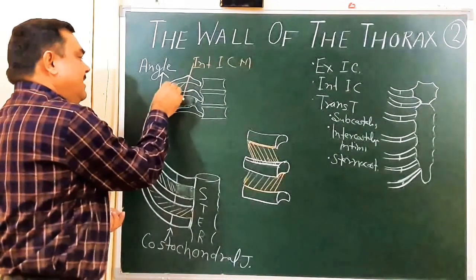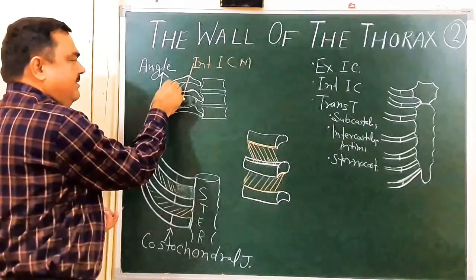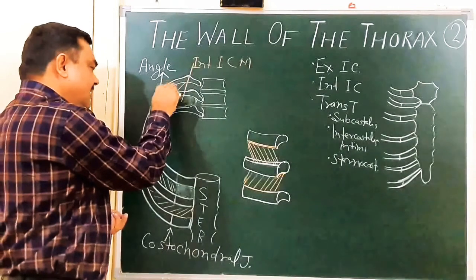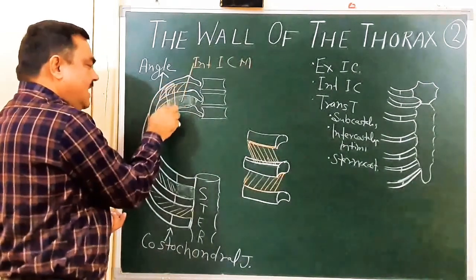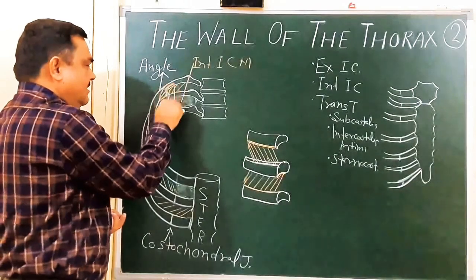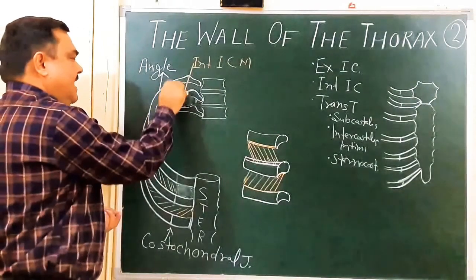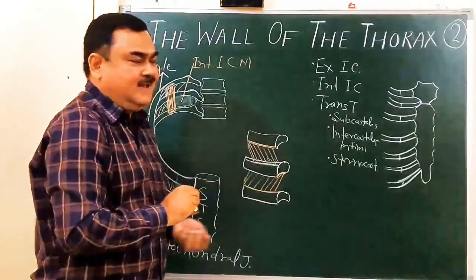Muscle takes origin from inner surface of upper rib and is inserted on inner surface of lower second or third rib. This is a subcostalis muscle.